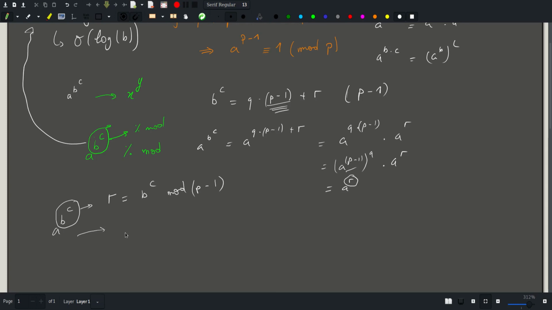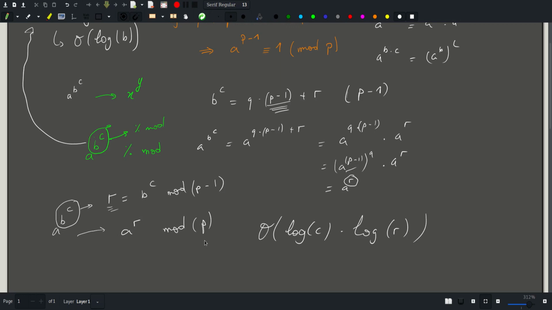So this will be just equal to a raised to the r mod p. And we can do this in O(log c) because we will require log c instructions for computing r, times log r, because then we will require log r instructions to compute a to the r.